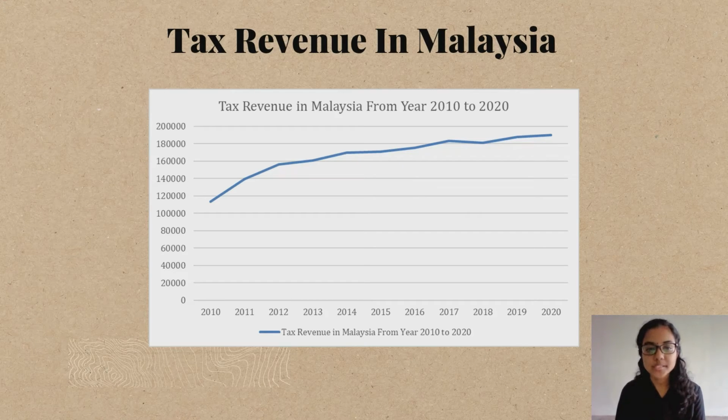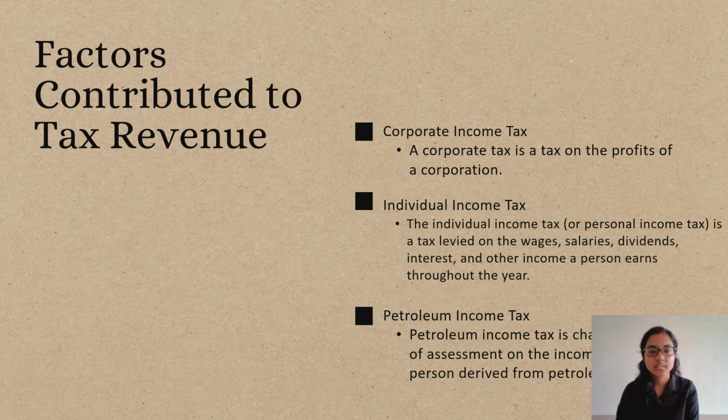The graph shows tax revenue in Malaysia from year 2010 to 2020. According to the graph, we can conclude that the trend of tax revenue in Malaysia has increased from year 2010 to 2020. There are factors that contribute to tax revenue in Malaysia.